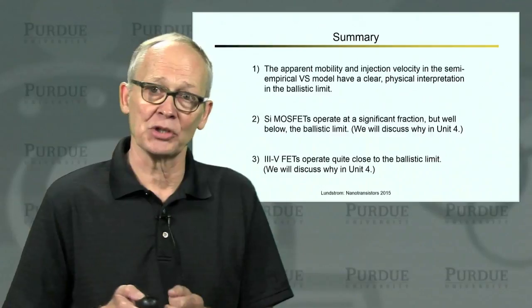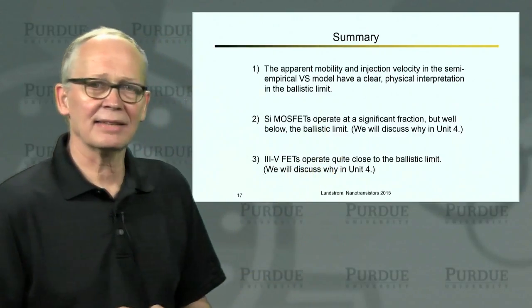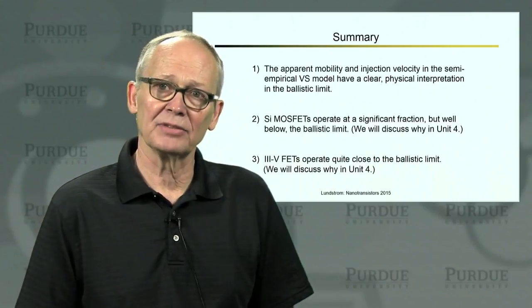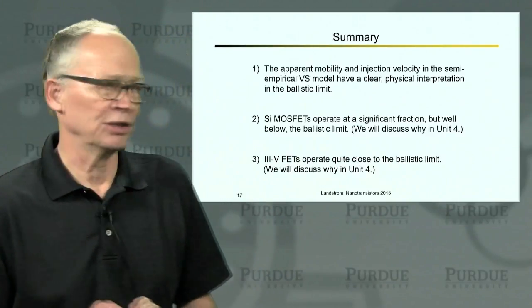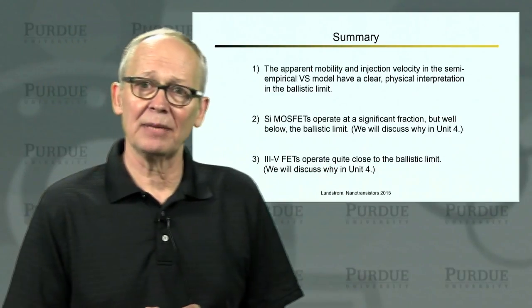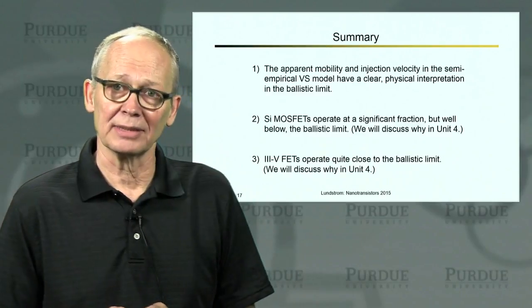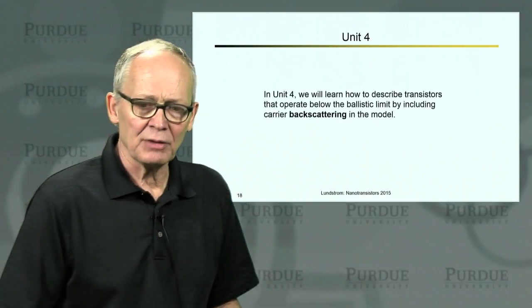We'll discuss it in the more general case in Unit 4. We've seen that silicon MOSFETs operate at a significant fraction of the ballistic limit, but well below it, and we'll discuss that more in Unit 4. And we've seen that III-V transistors operate actually quite close to the ballistic limit, and we'll talk about why in Unit 4.